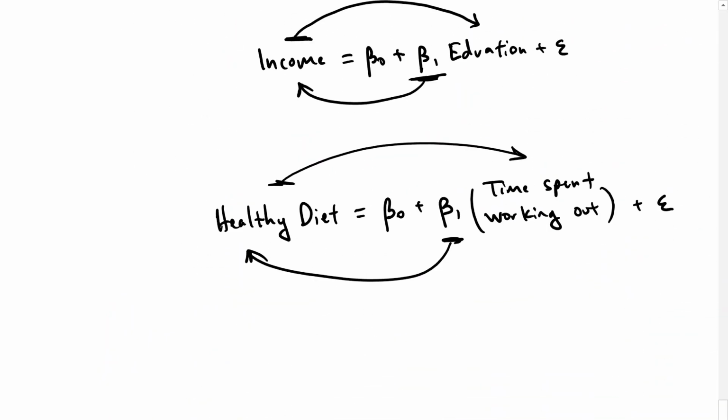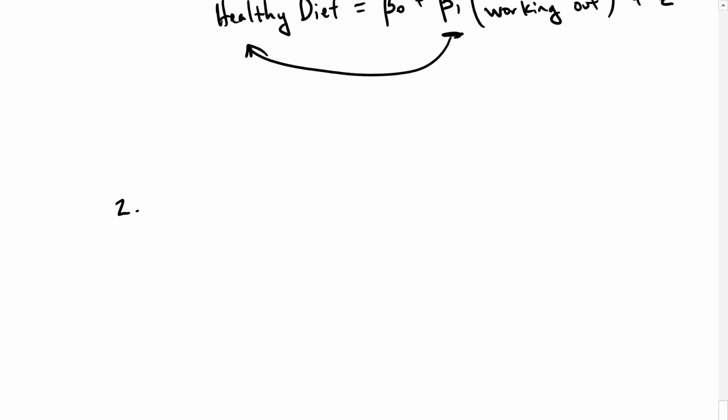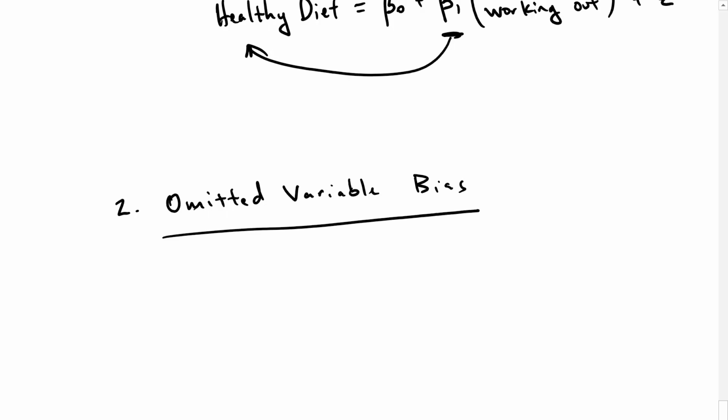The second source, and probably an even more common source, is omitted variable bias, or just omitted variables. I'll go ahead and put omitted variable bias.